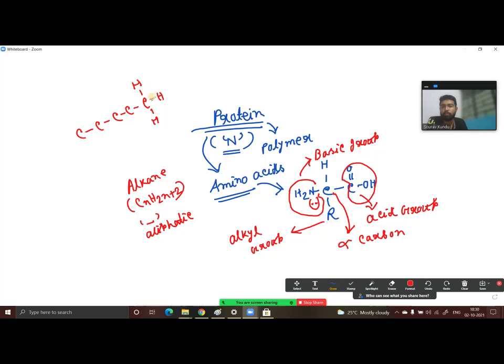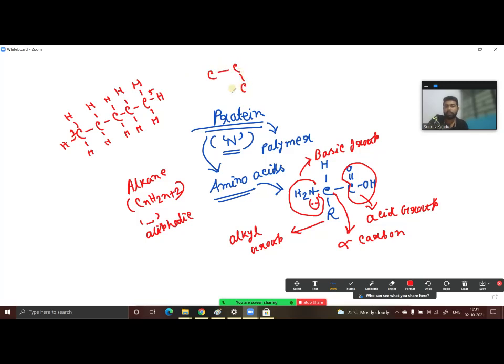Carbon has the tendency to create 4 bonds with different atoms. So here it is like this, here it is like this, here it is like this, and again here it is like this. Here the first carbon and the last carbon do not have a direct attachment with each other, so this is known as an open chain.